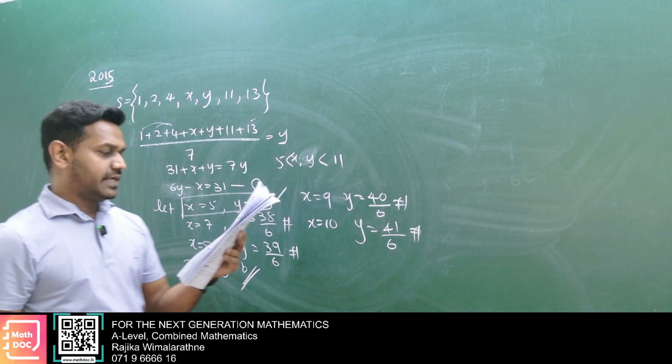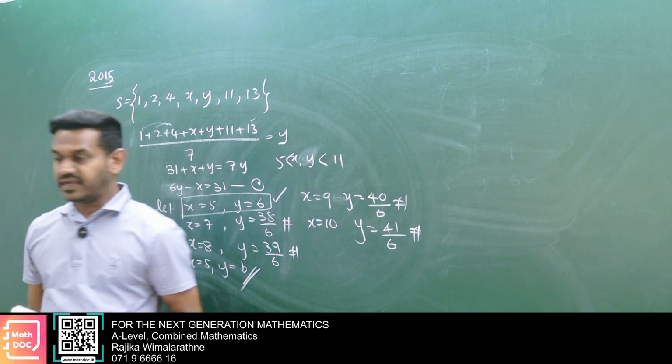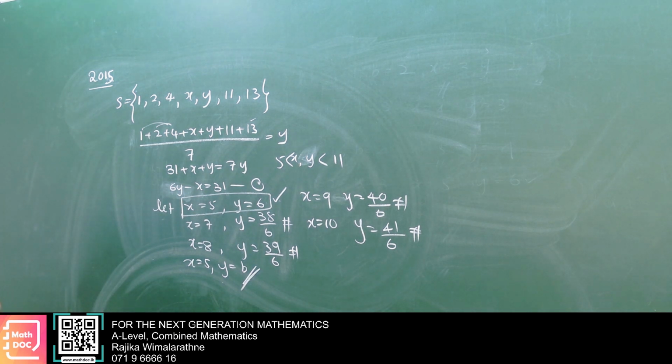Now they want us to show that the variance of the numbers is 120 over 7.